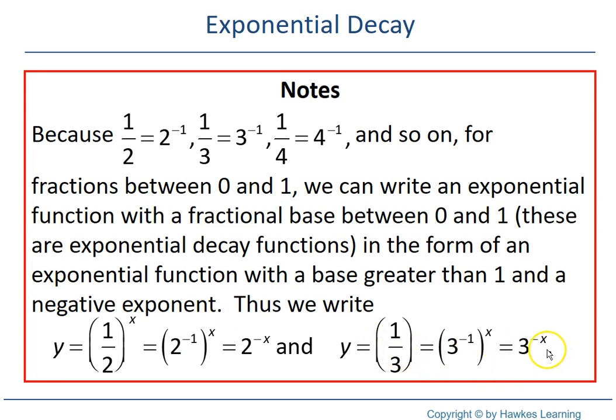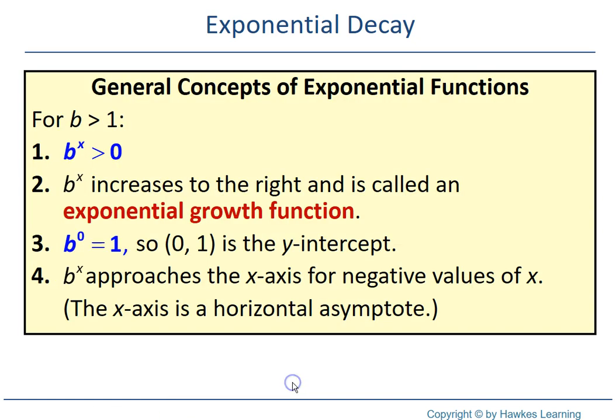Now, when we have negative values, when our x value itself is negative, this is actually a decay function. So keep that in mind. So they're giving us some general functions. Remember, b to a 0 power is always 1. So that is basically our y-intercept.